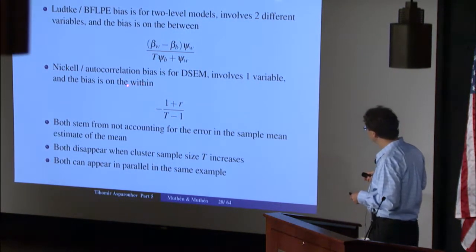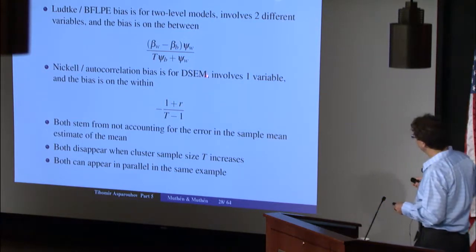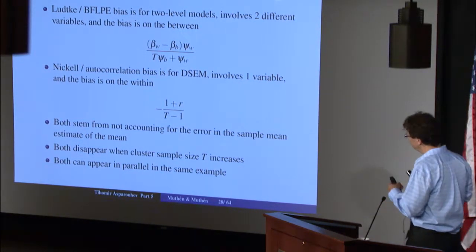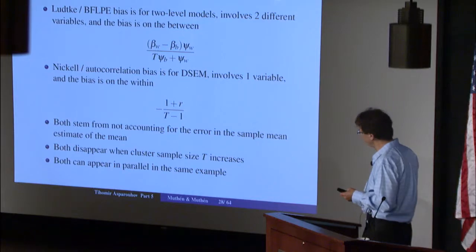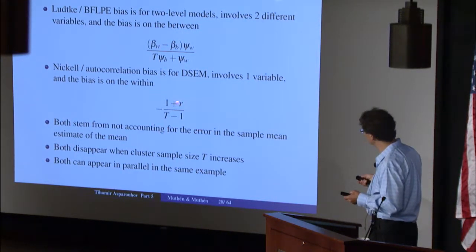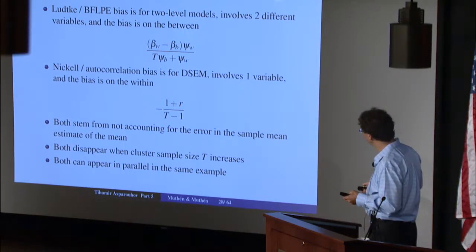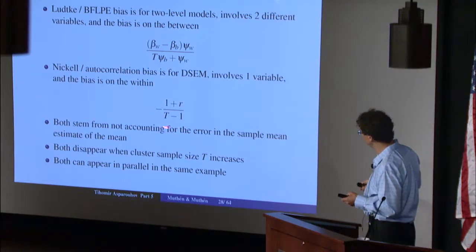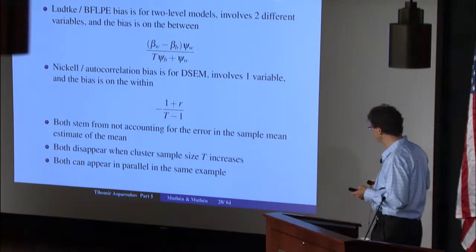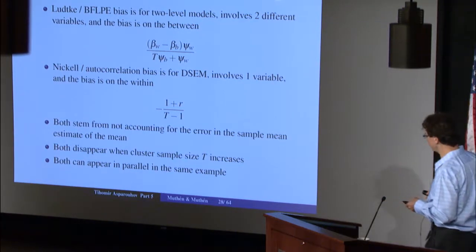Nickell's bias again occurs for the mean of the autoregressive parameter, and the bias looks like that. This is just a formula that approximates the bias that you're going to get when you use the observed centering.